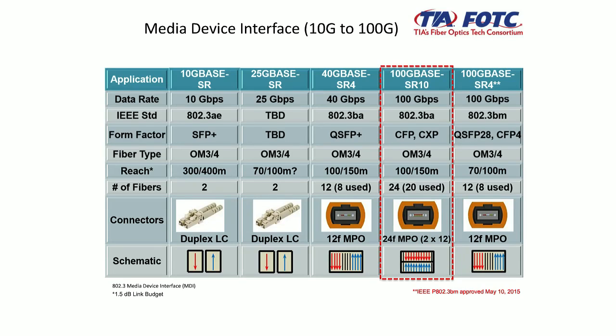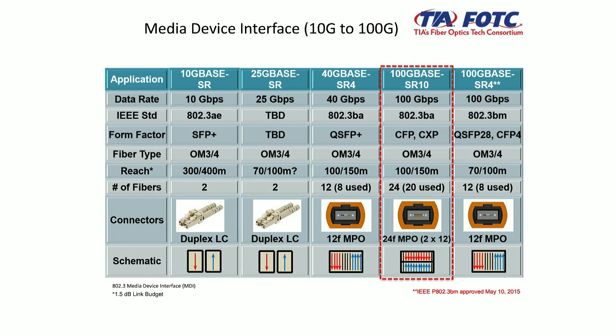So what I've highlighted here is kind of the evolution of the media device interface. So that's the connector on the front of the transceiver. So in IEEE terms, Ethernet terms, we've gone from duplex LC, starting with 10 gig, going to 40 and 100. The first 100 gig transceiver standard was the SR10, which for all intents and purposes is pretty much obsolete except for some specialty applications.